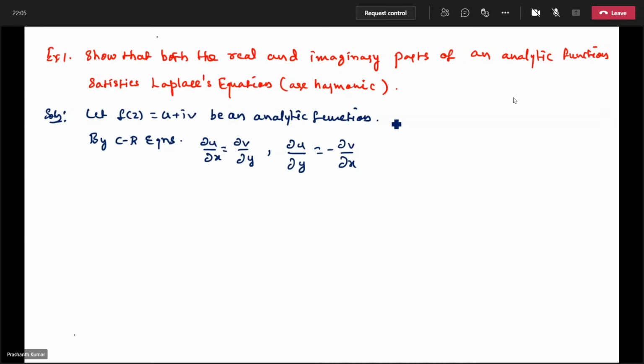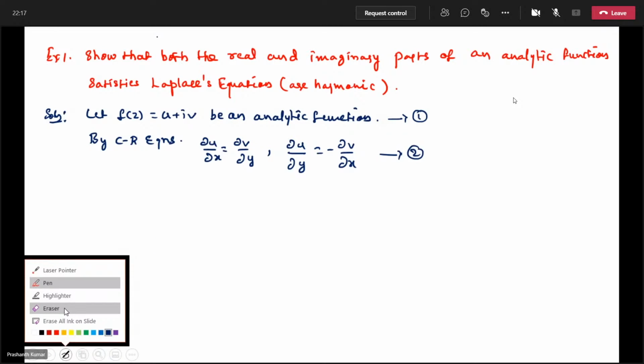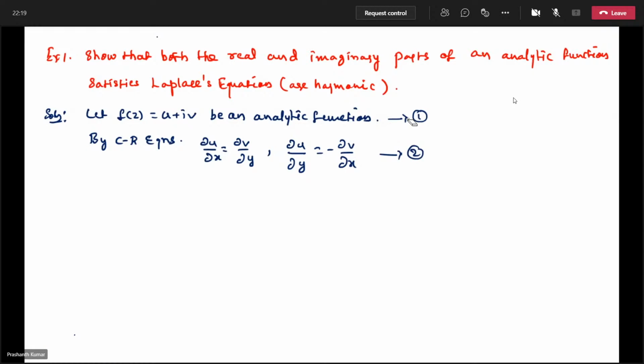So this is our equation 1, and this is our equation 2.